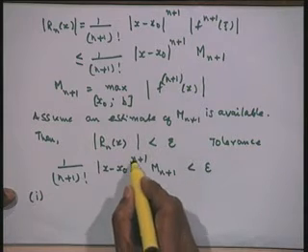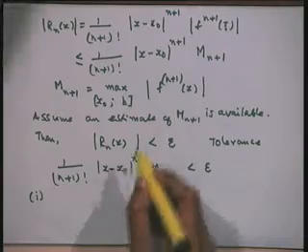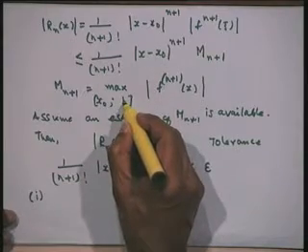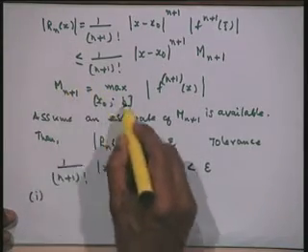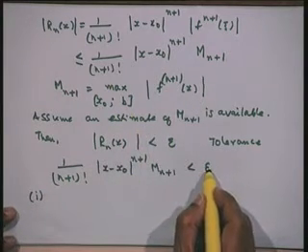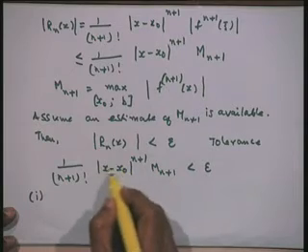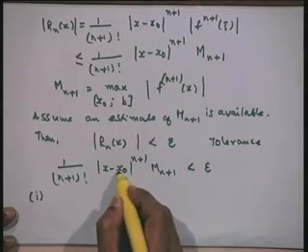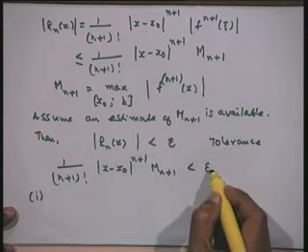So, if n is given and epsilon is given, then I can find out up to which point I can use the Taylor series with that accuracy, because we want to use the Taylor series from x naught to a certain point b. Once we are given epsilon and n, I can find what this value x minus x naught is, which tells me how far I can use the Taylor series with this accuracy.